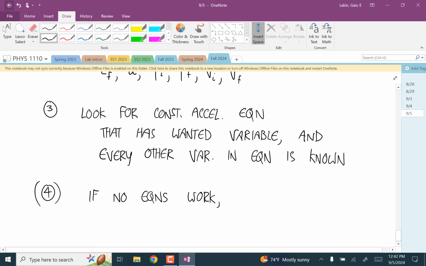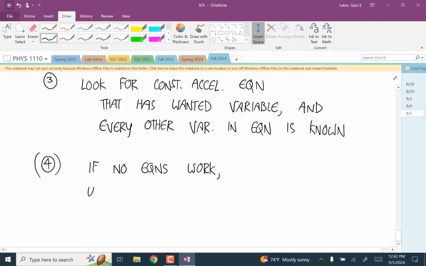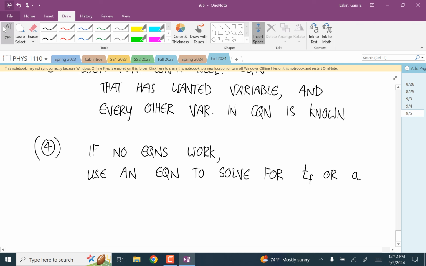And so in that case, use an equation to solve for either time final or acceleration, and then go back to step 2.